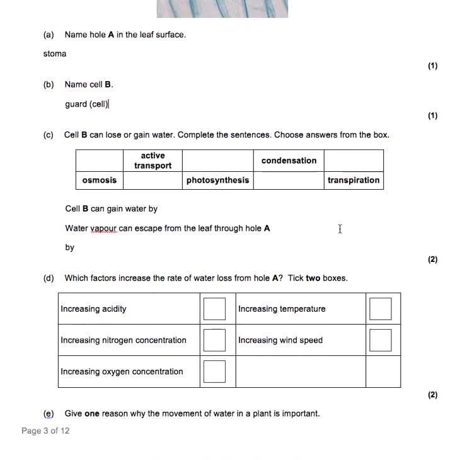Cell B can lose or gain water. Complete the sentences. Choose the answers from the box. Water vapor can escape from the leaf through hole A. Well, that is by osmosis.